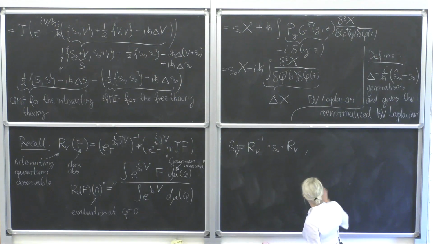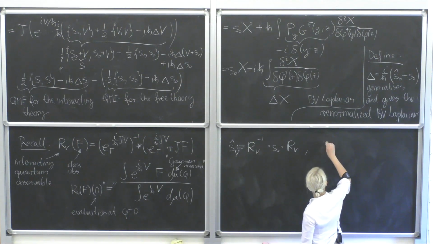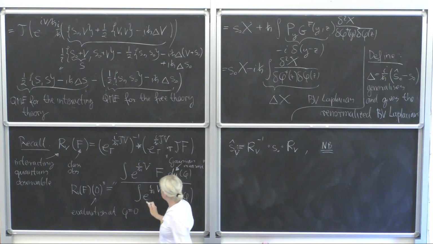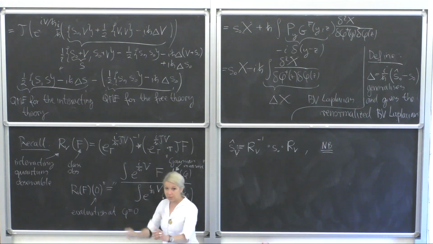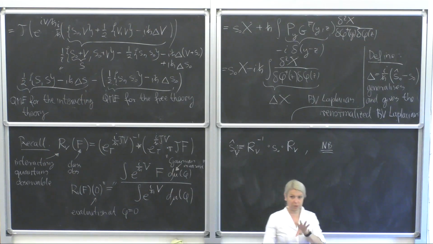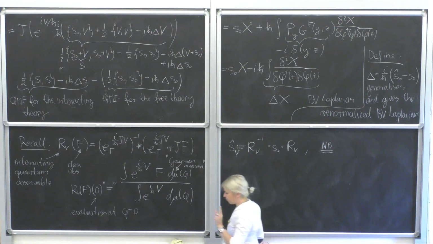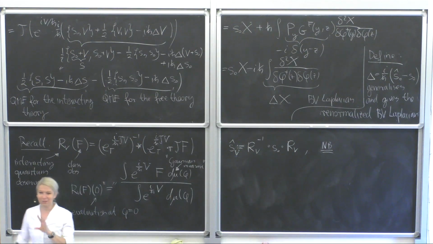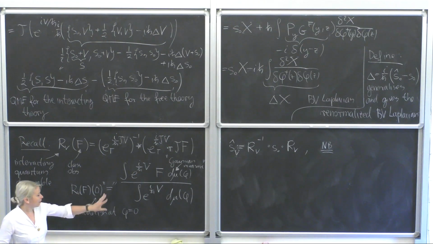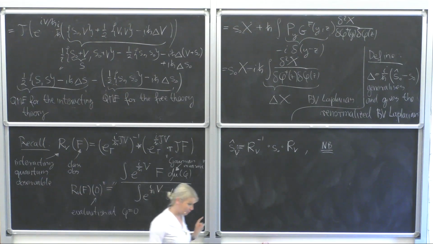And an observation maybe before that. So note, by the way, that S0 is actually a derivation with respect to star. I didn't tell you that. I should have told you that. But this is a nice exercise for the audience. Check that S0 is a derivation with respect to star.